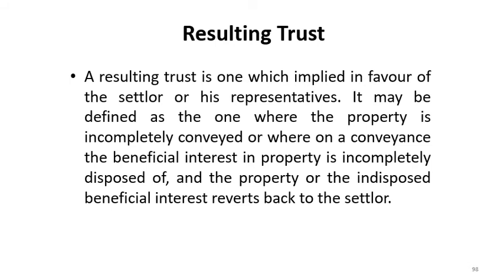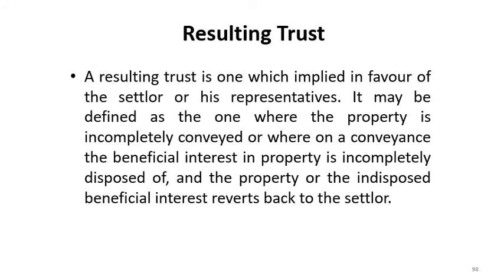When you see this one, the resulting trust is one which is implied in favor of the settlor or his representative. It may be defined as one where the property is incompletely conveyed, or where on the conveyance the beneficial interest in the property is incompletely disposed of.